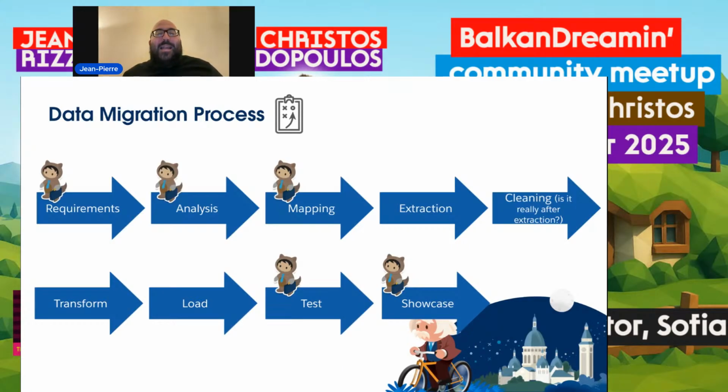Maybe. And we can really ask ourselves the question, is it really after extraction that you're going to be cleaning your data? You have to think about cleaning the data that you have in your legacy system from day one of your project. Cleaning your data does not require full requirements analysis to start.